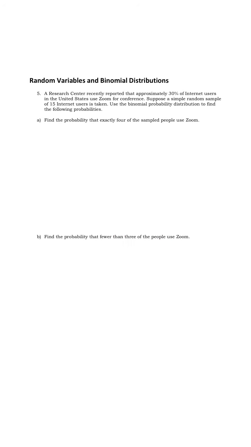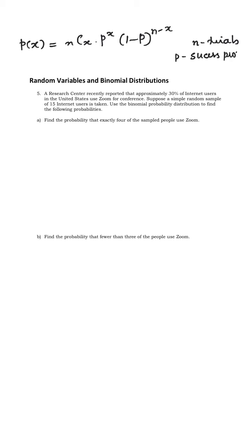The formula for binomial probability is P of x equals n C x p power x times 1 minus p power n minus x. Here n is the number of trials and p is the success probability.